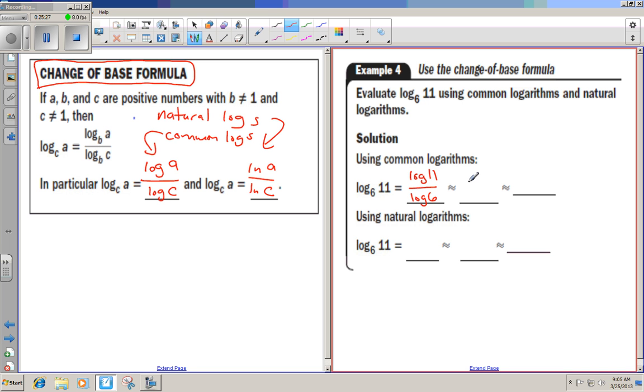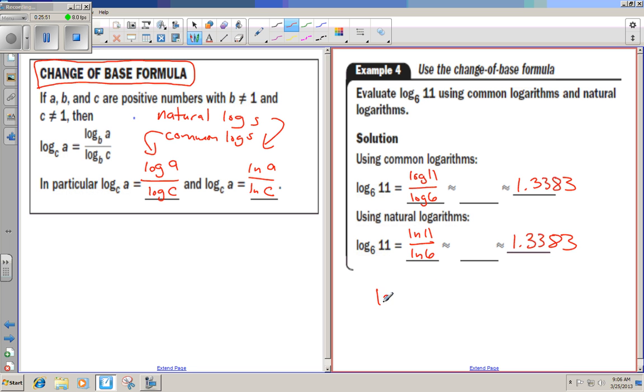So in the calculator, you could just do log 11 over log 6, which is approximately 1.3383. Or you could use ln, a big number, divided by ln of the base, or the little number, and you should also get 1.3383.